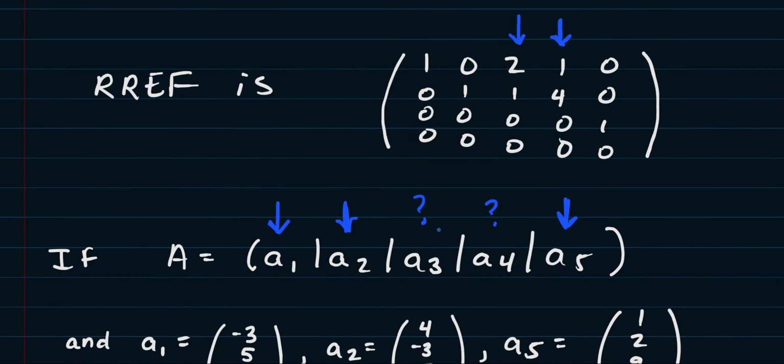So A3 is 2 times A1 plus A2, just like this one. And then we can also say that A4, this fourth column, is 1 times this one, so is A1 plus 4 times A2.